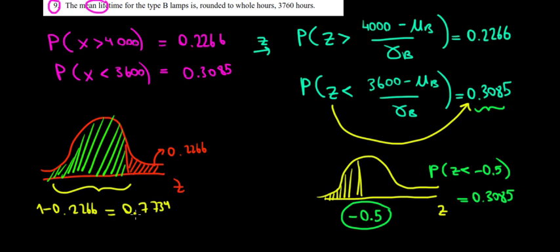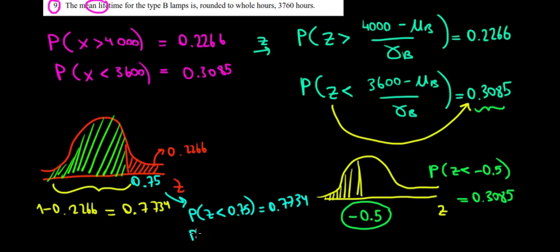That's equal to an area, a proportion of 0.7734. And the z value corresponding to this proportion is equal to 0.75. In other words, the probability that the z value is going to be less than 0.75 is equal to 0.7734.